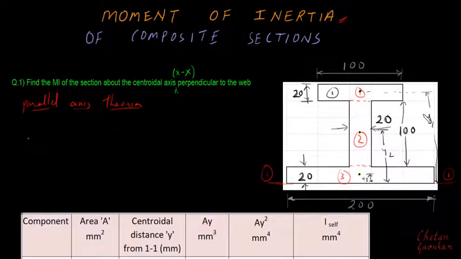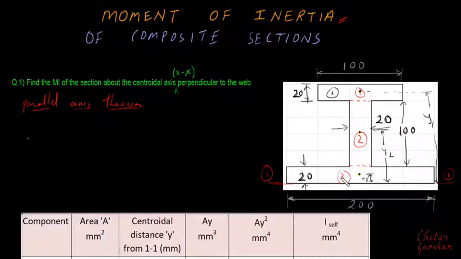So y3 is the distance between the reference axis 1-1 and the centroid of the third rectangle.